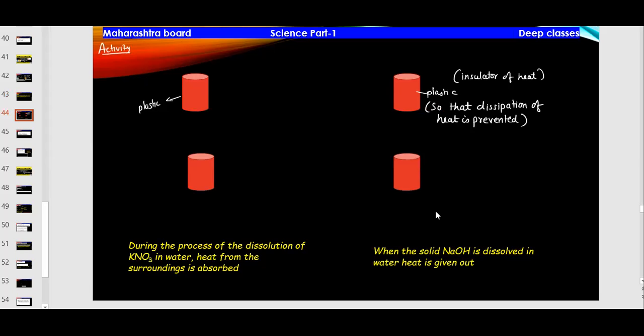Now in both bottles, you are going to take some water. How much water will we take? We will take 100 ml of water. I am writing water as H2O. So in this activity, take 100 ml of water in both the bottles and use a thermometer.